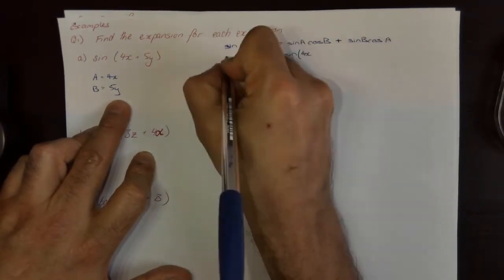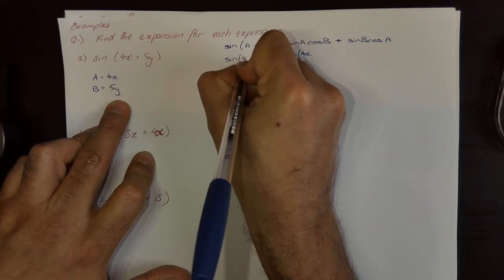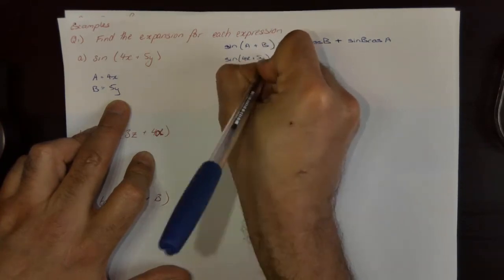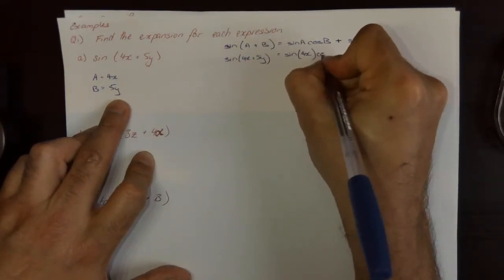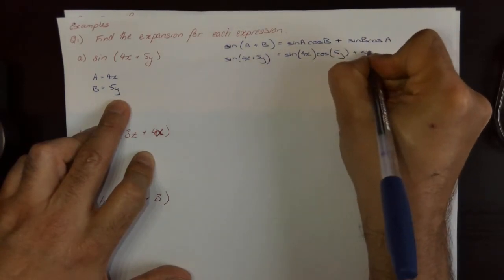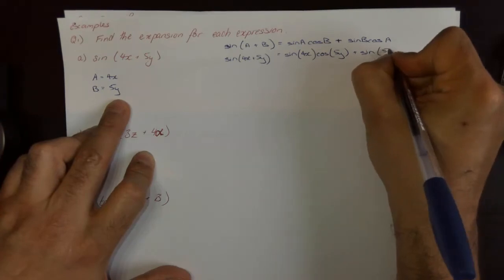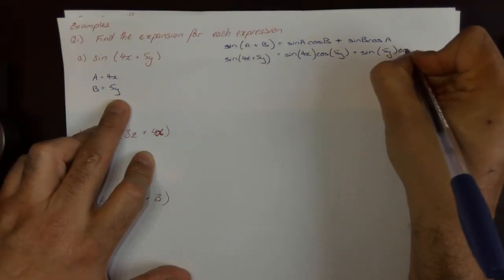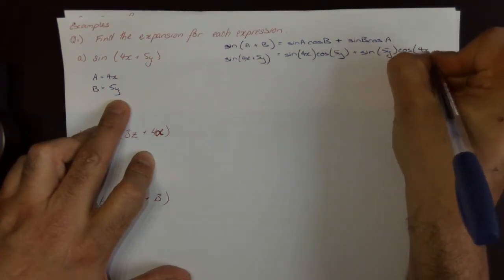So the sine of 4x plus 5y is sine 4x cos 5y plus sine 5y cos 4x.